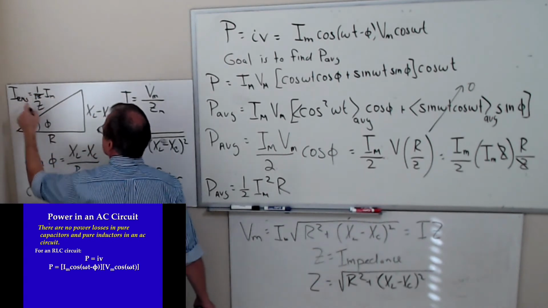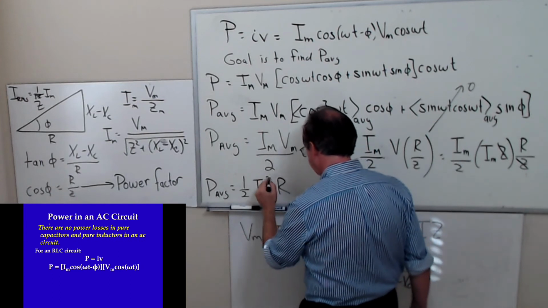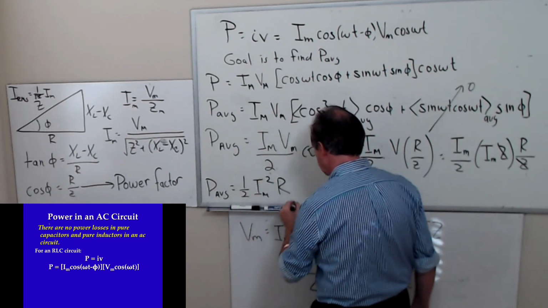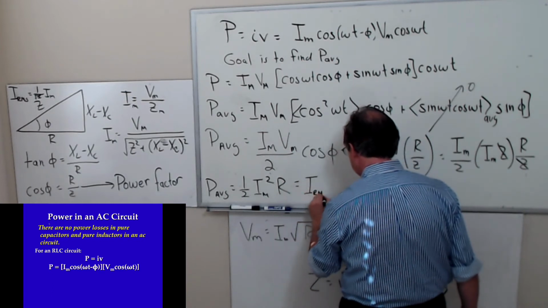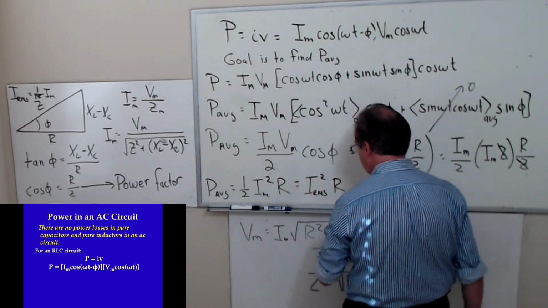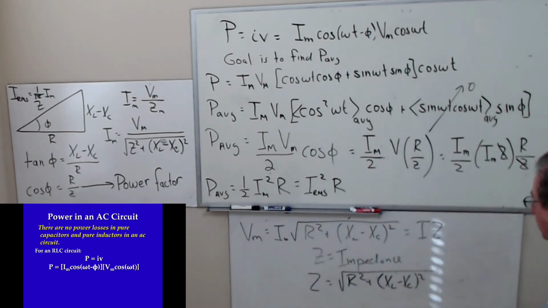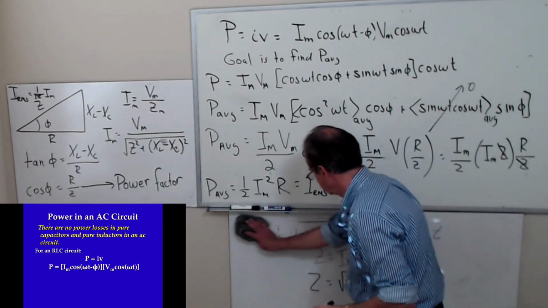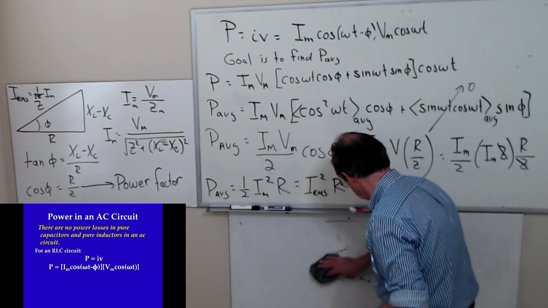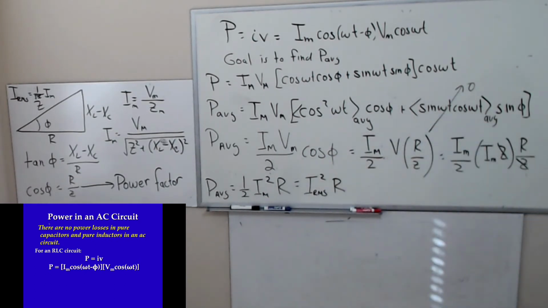So if I square both sides, this term ends up being I RMS squared times R. Okay?